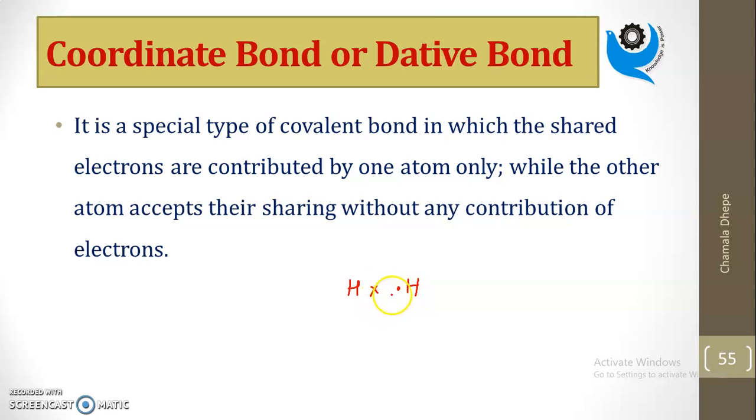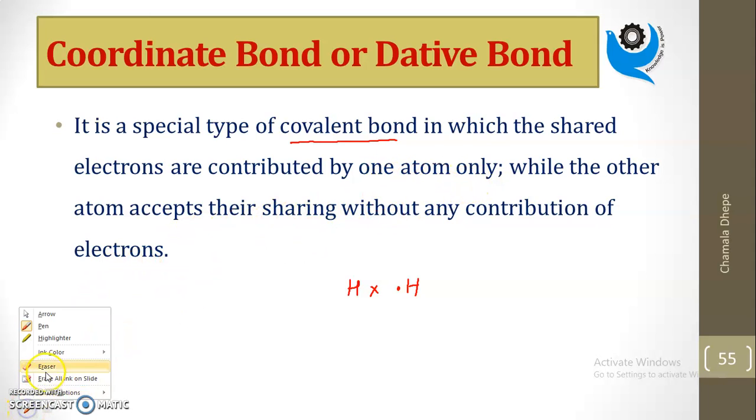Okay, so in a covalent bond mutual sharing is there, but in a coordinate bond, what is the difference between coordinate and covalent, that you will come to know later on. It is also a type of covalent bond in which the shared electrons are contributed by one atom only.